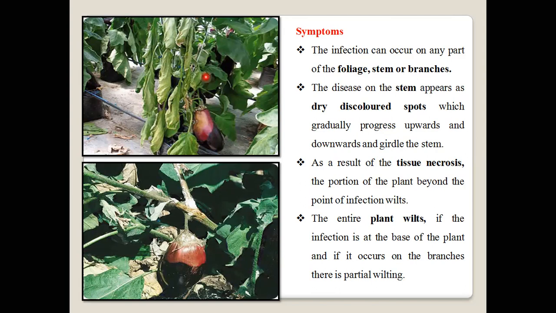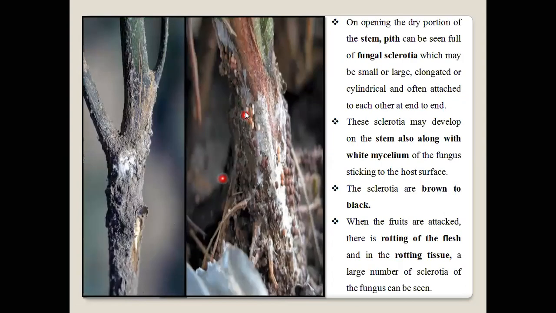Suppose you look at the stem portion or branches portion. Some of the pith tissue is also infected, producing sclerotia bodies. Fungal sclerotia may be seen on the outer as well as the inner surface of the infected stem portions.